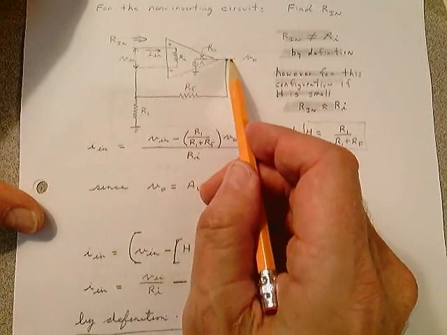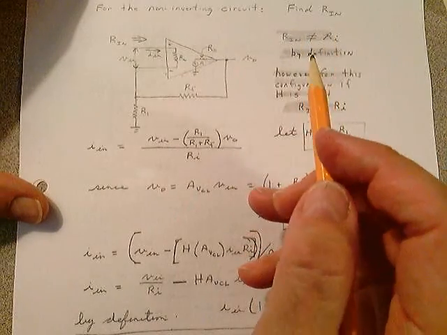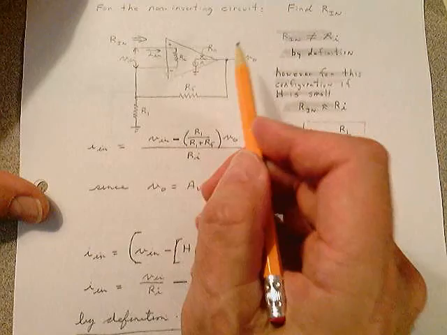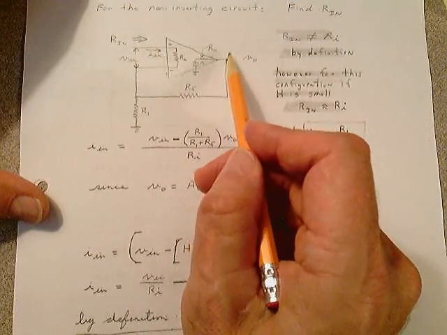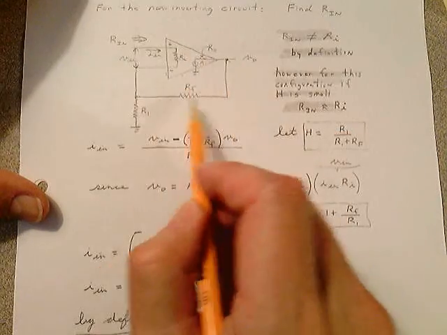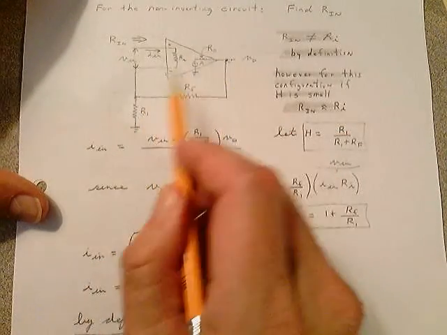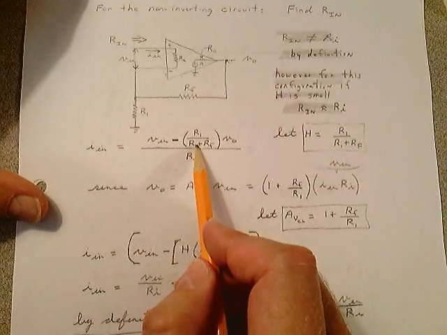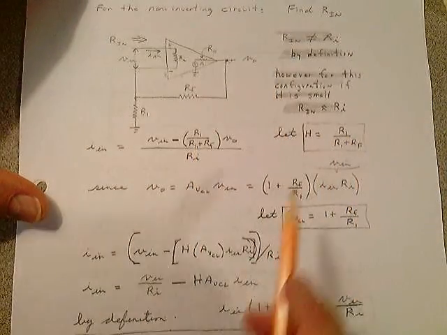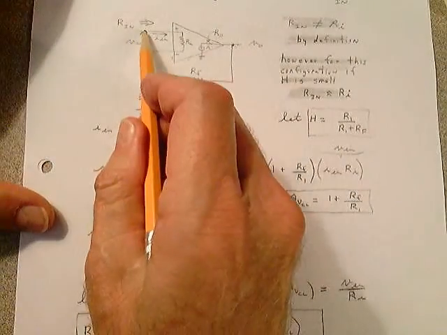Well, we know there's a negative in the equation here because it's coming back. It's a non-inverting amplifier, so it's a plus voltage here. The plus voltage here that's being fed back, using the voltage divider, is R1 over R1 plus RF. That's what portion of this makes it to this point. So I'm letting H be R1 over R1 plus RF. If you go through and analyze this, you can see what Rin is in this circuit here.